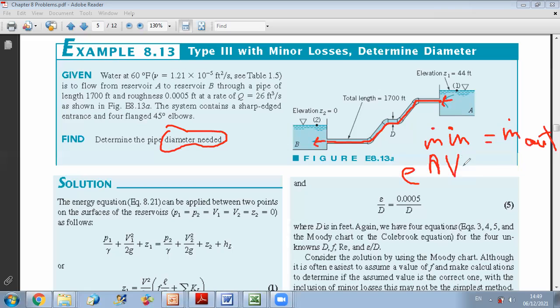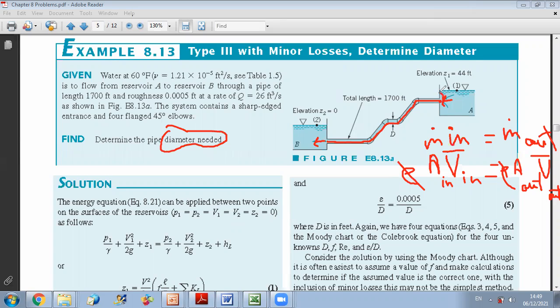So m dot in is rho A in V in, and m dot out is rho times A out times V out average. Now first it's water, so it's incompressible, and rho will simplify.